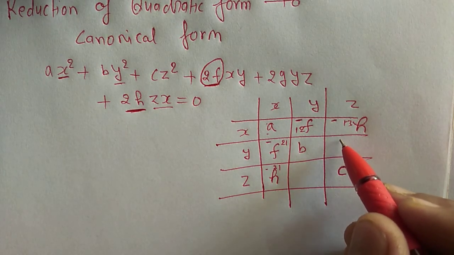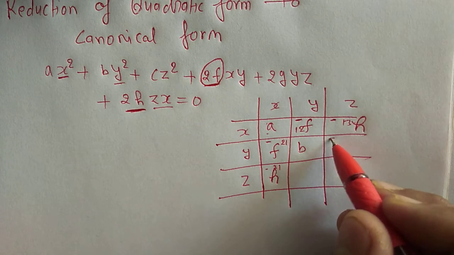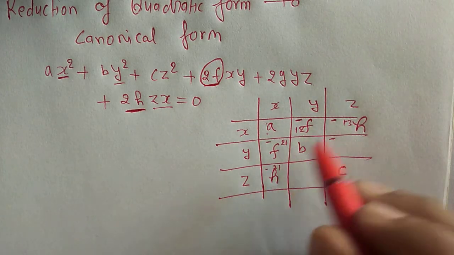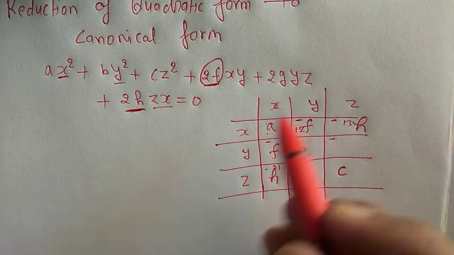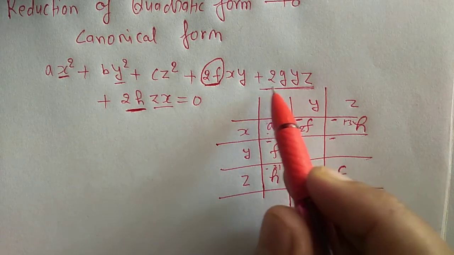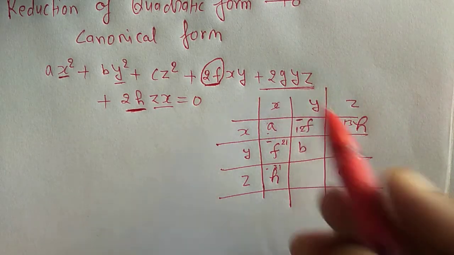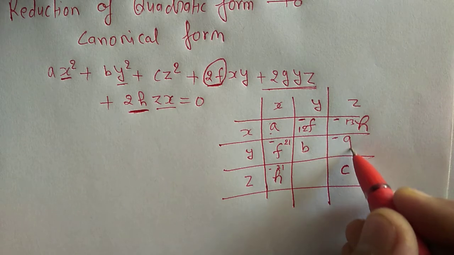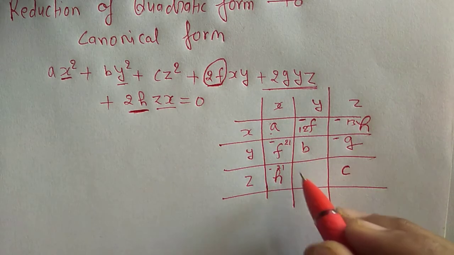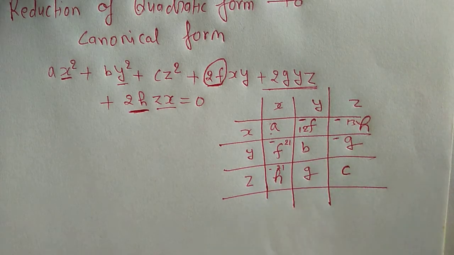Now let us see this. This is the yz and zy. So we come to this term, and this term is 2g. So half we take for yz, g, and half we take for zy, that is g.